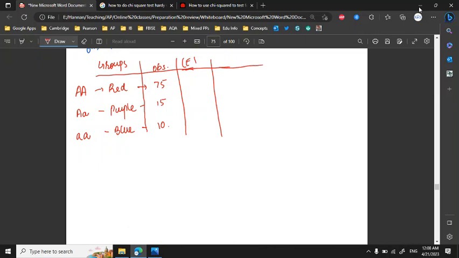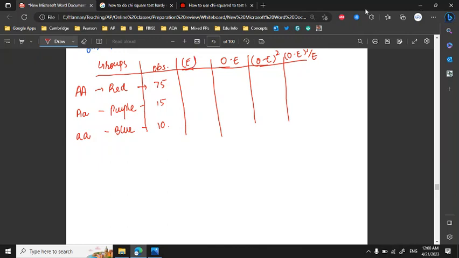Then there would be O minus E, then O minus E whole square, then O minus E whole square over E. So let me tell you, now how are you going to find out the expected value?